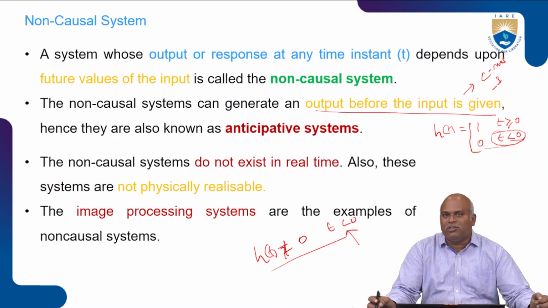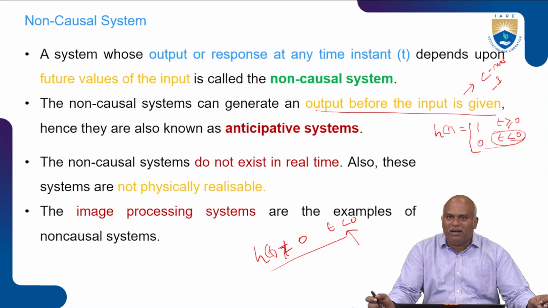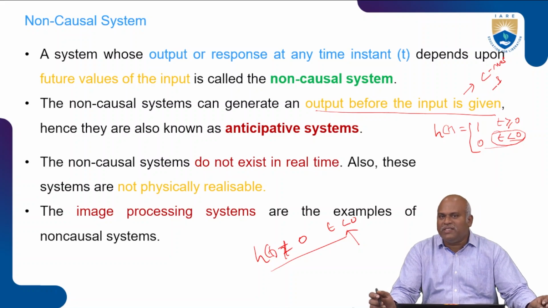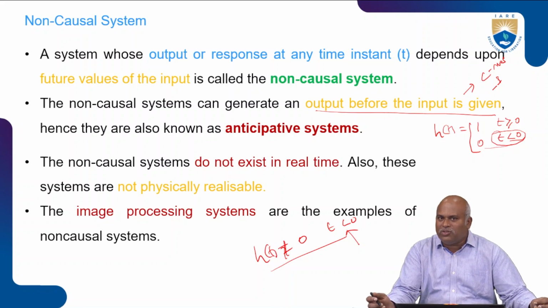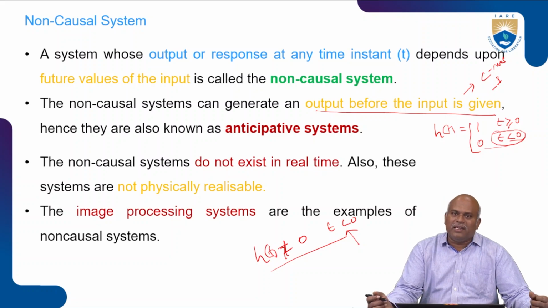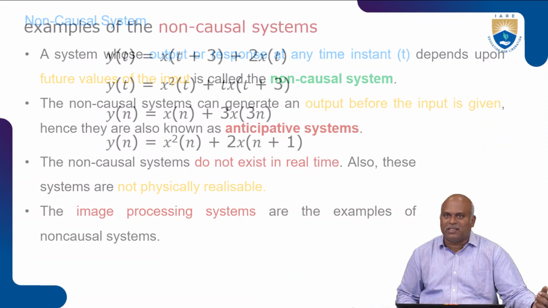This system is also known as an anticipative system. The non-causal system does not exist in real time, and such systems are not physically realizable. We need to force them to be physically realizable. Image processing systems are examples of non-causal systems. This can be causal as well as non-causal.